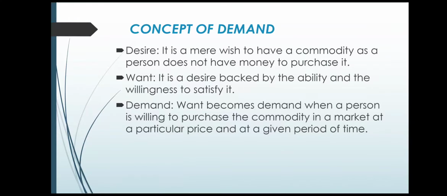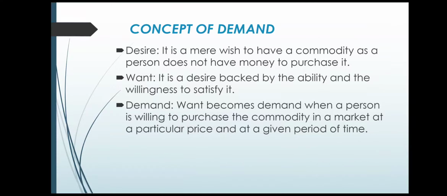The second term is want. Want is a desire backed by the ability and the willingness to satisfy it. So the meaning of want includes desire in it. Okay. So want has got desire, that is wish to have a commodity. Along with it, there are two more things, that is ability and willingness to have that commodity.